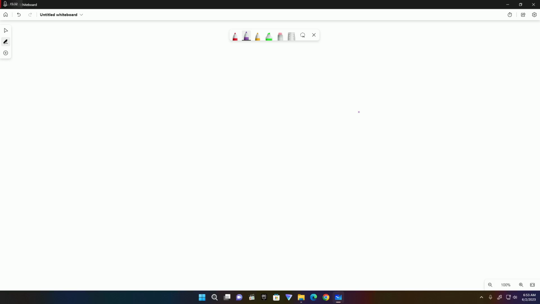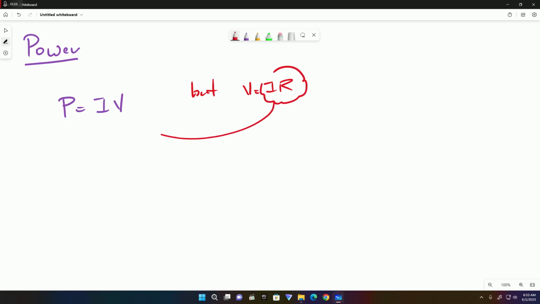So, power, P-O-W-E-R. Electrical power is found using this: P is equal to IV. But V is equal to IR. If we substitute IR for V, what we get is a new equation.